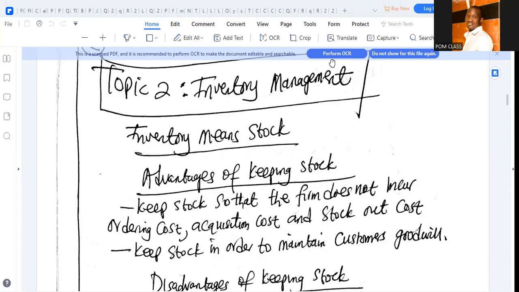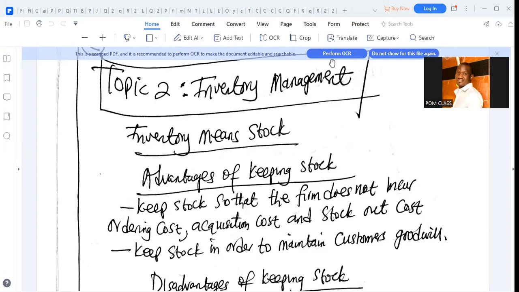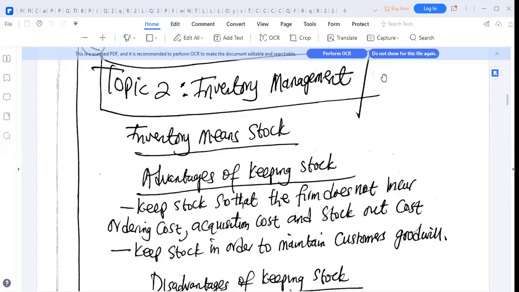Here we look at the cardinal point in inventory, where we simply say inventory means stock.